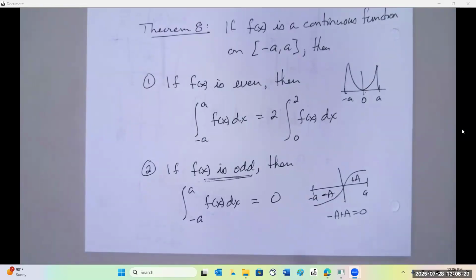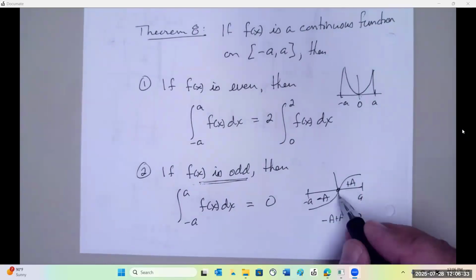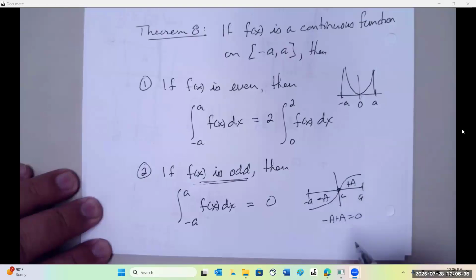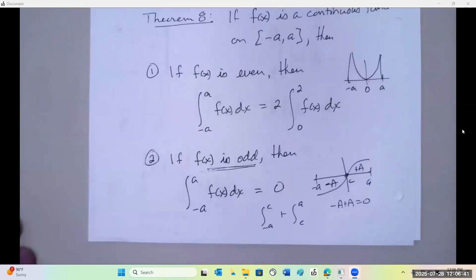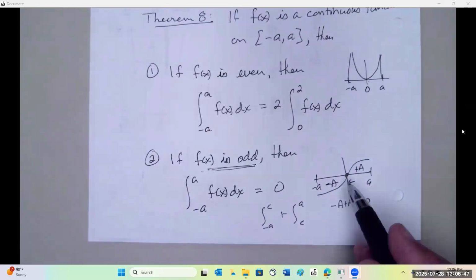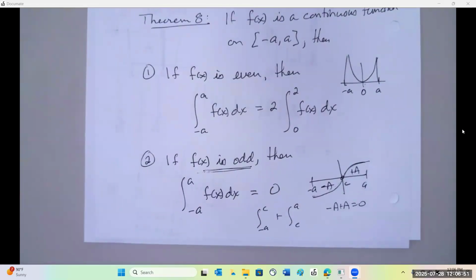It has to cross the x-axis somewhere. You have to find out where it is, and now break your interval and take them both separately. You have to find out where it's below the x-axis and where it's above the x-axis. Take them all separately, take the absolute values of them, and add those together.